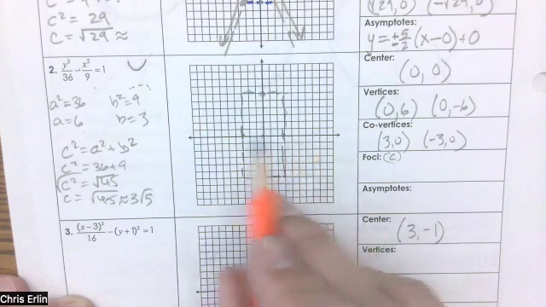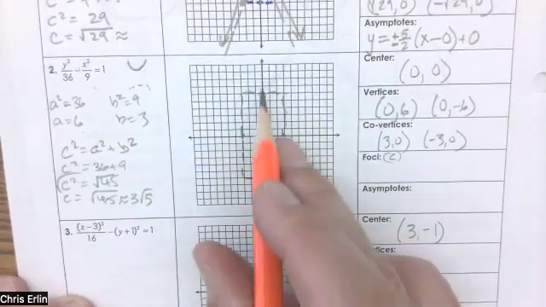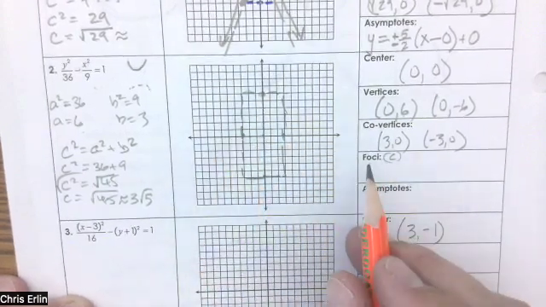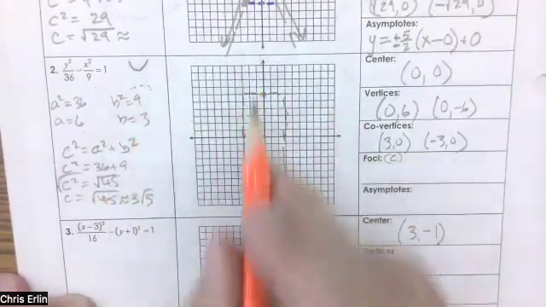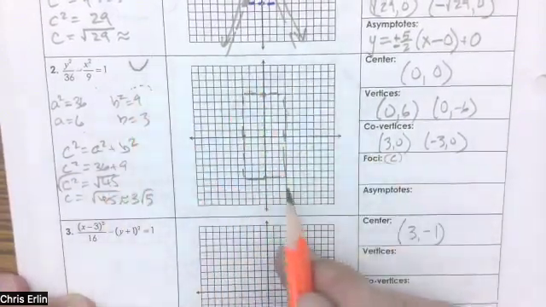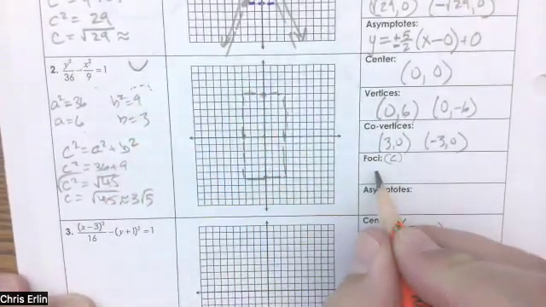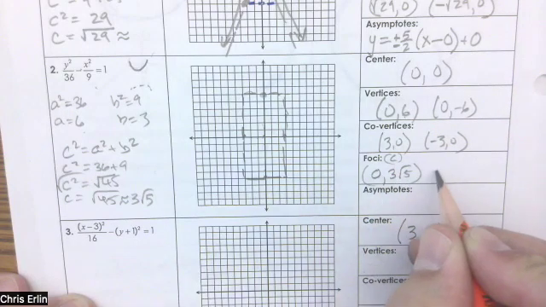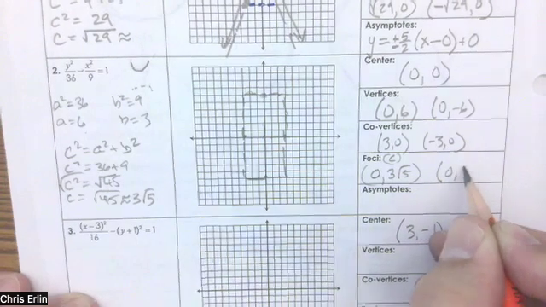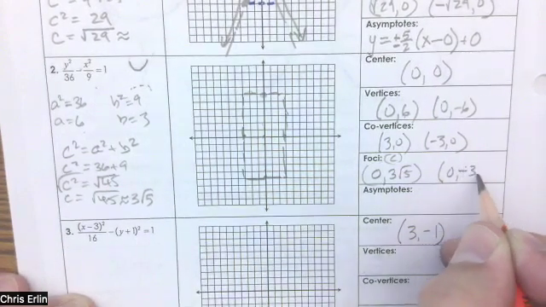Will those go left and right along the x-axis, or will they go up and down along the y-axis? Good, up and down, because it's one of these. I want my foci to be outside the little curve shape. So my x value is still going to be 0. My y value is now going to be 3 root 5. And this one is going to be 0, negative 3 root 5.